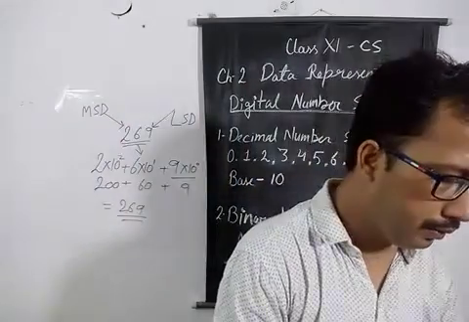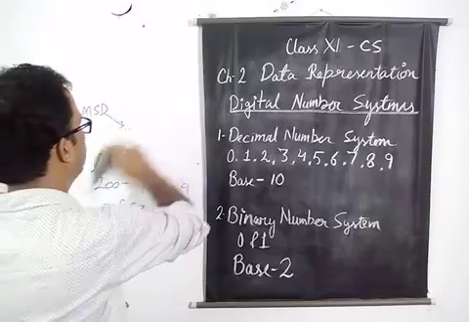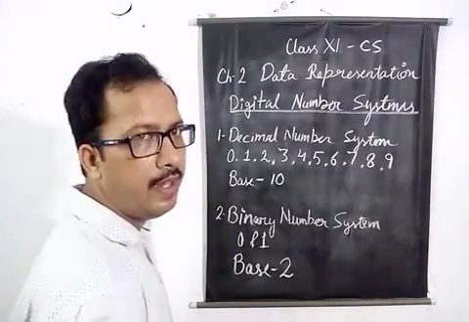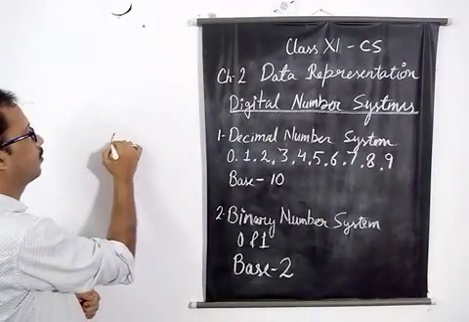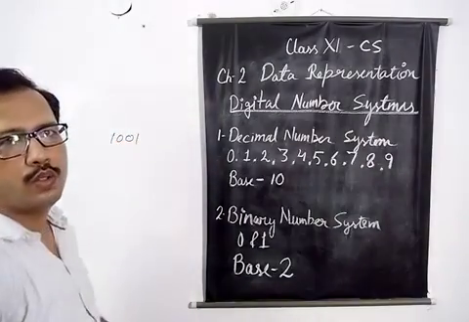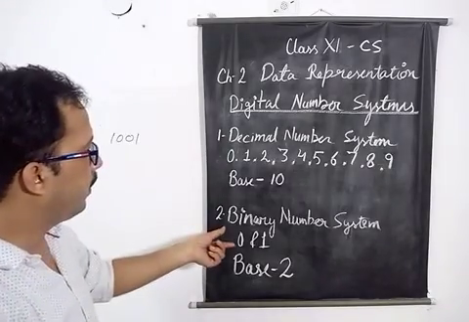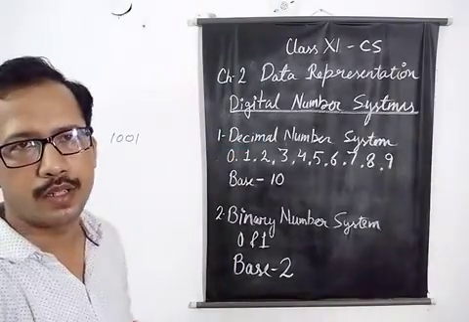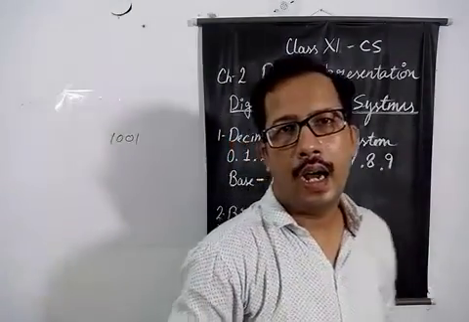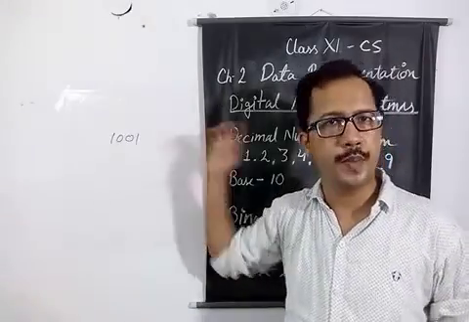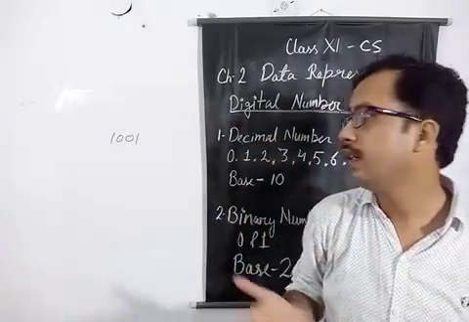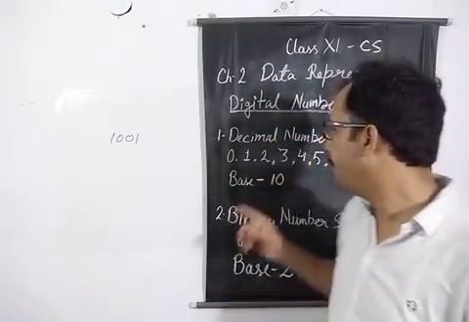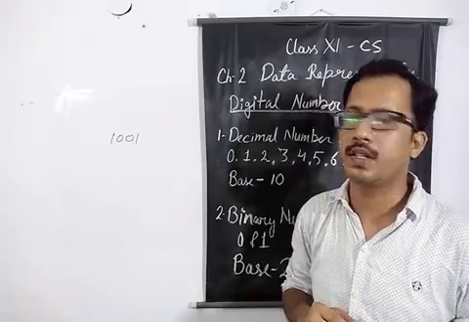So for example, if we have written 1001, whether the number is written in the binary number system or the decimal number system, unless and until the base is specified, we cannot identify which number system it lies in. So the base is essential for every number system.